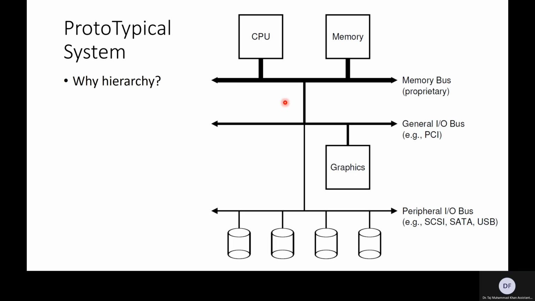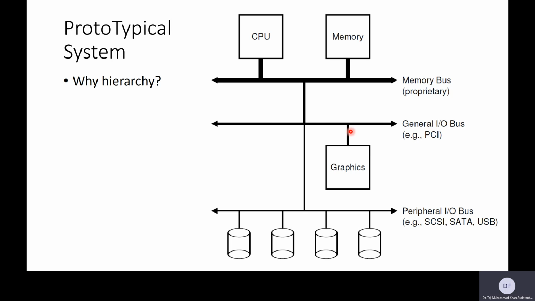And then there will be a general purpose IO bus which will link your CPU and your memory to other devices like graphics cards, etc. One example of this bus is PCI, peripheral component interconnect, with which you can connect different devices to your computer. This kind of bus we call a general purpose IO bus.